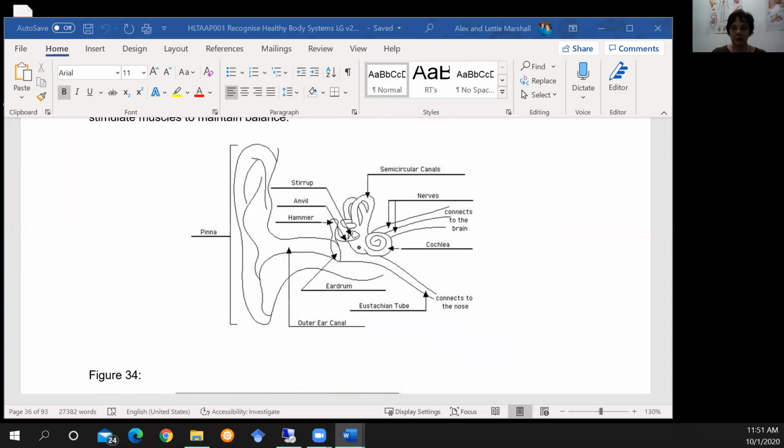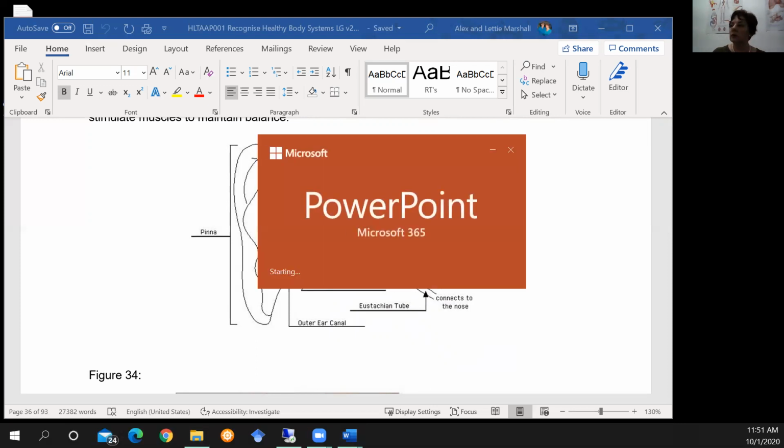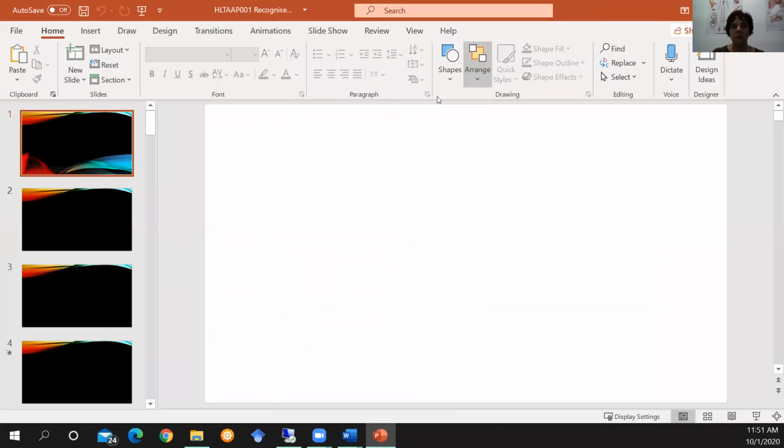Digestive system. Have you got a page? No, I don't have the page.